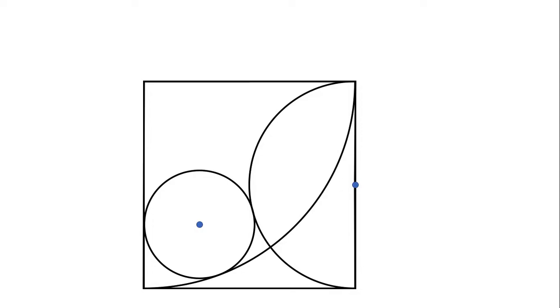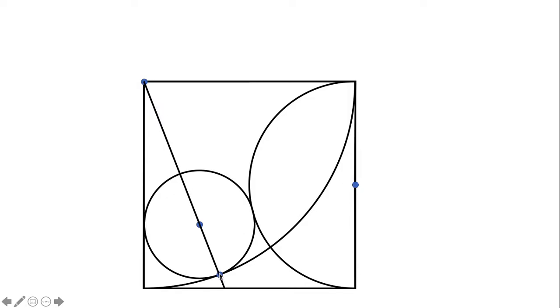Okay, so first thing I realized, these circles have centers, and because a tangent to a circle is perpendicular to the radius, that means that where both circles touch each other, the line must go through the center of both circles.